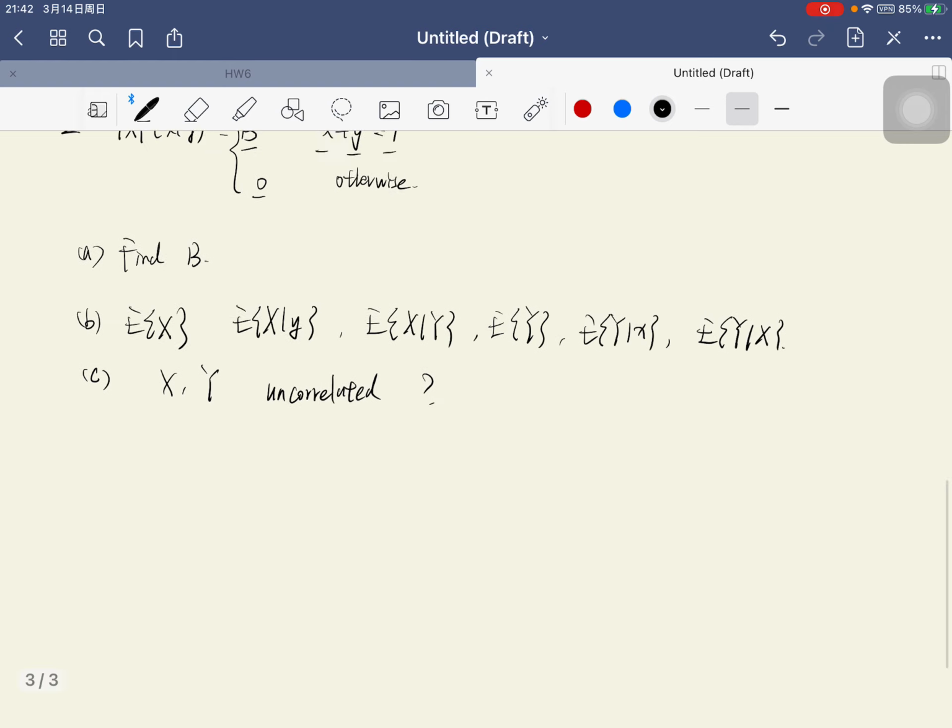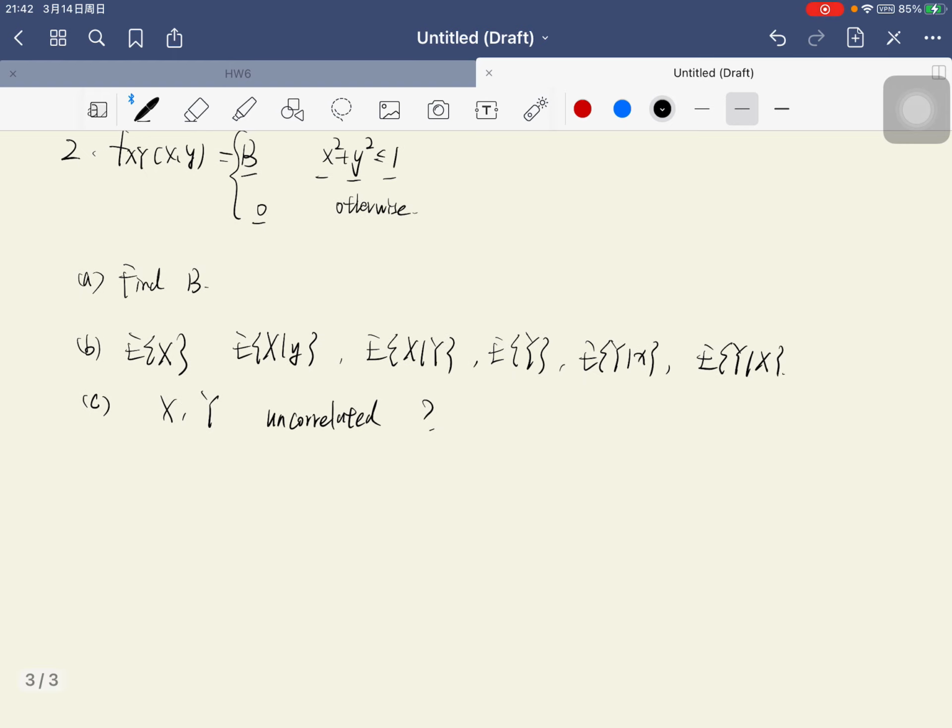In this question, first we want to find b so that the density function is a valid density function. So we compute the probability over all (x, y), which is equal to 1. So the integral of the density function dx dy is equal to 1.